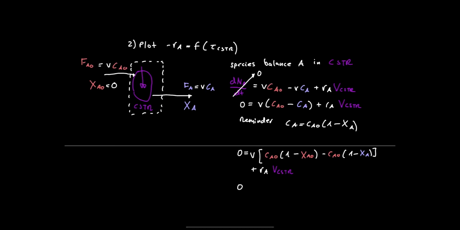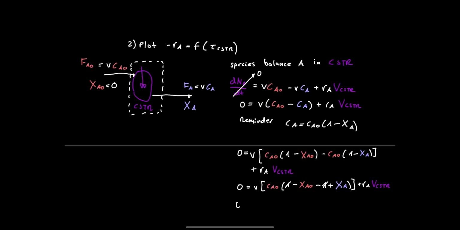So 0 is going to be equal to the volumetric flow rate times CA0, parentheses 1 minus conversion A0 minus 1, and minus is plus. So plus the conversion of species A at the outlet. These two will cancel out, plus the reaction rate of species A times the volume of the CSTR.